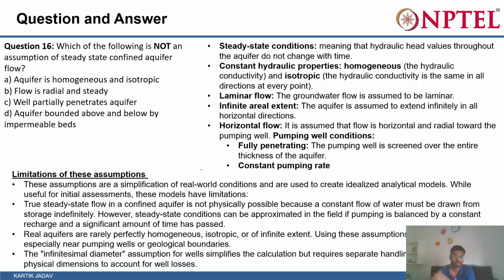So next question: which of the following is not an assumption of steady state confined flow? You know that steady state flow has certain assumptions. These assumptions are: steady state condition, it means the hydraulic head value does not change with time. Constant hydraulic properties. Aquifer is homogeneous and isotropic in nature. Then laminar flow must be there.